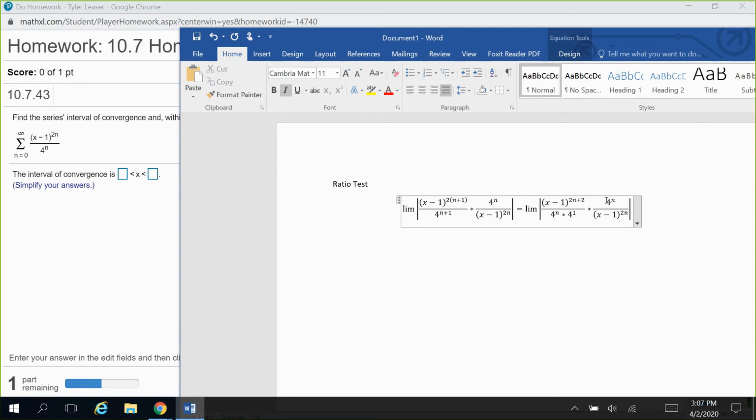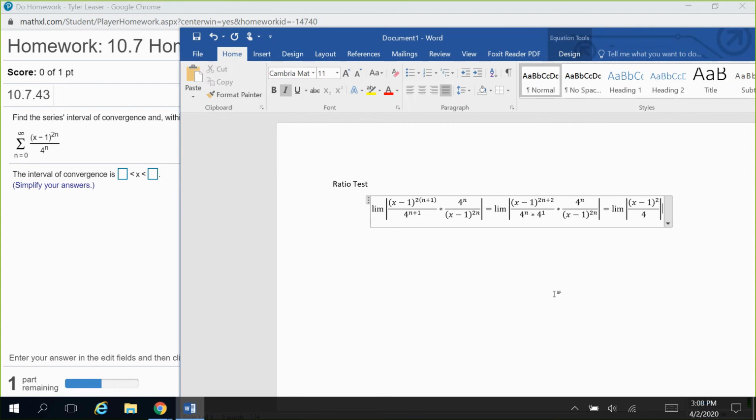This 4 to the n cancels out with this 4 to the n. This we would rewrite as x minus 1 to the 2n, and then we would have an x minus 1 squared. The x minus 1 to the 2n would cancel out on top and bottom. So all we have left inside the limit is an x minus 1 squared floating around, and in the denominator we just have a single 4 because the 4 to the n cancel out.